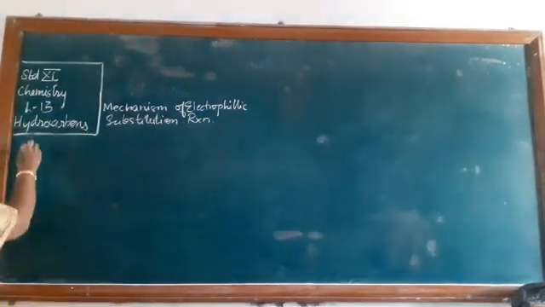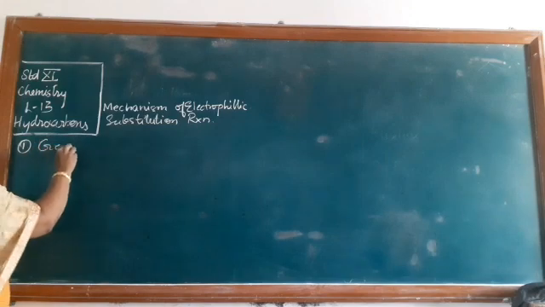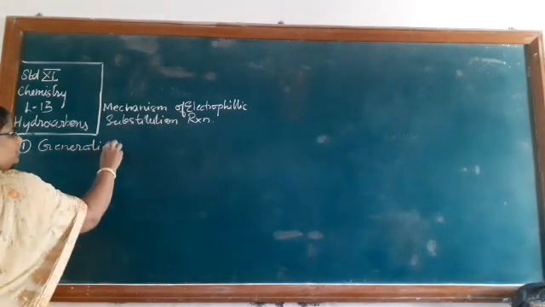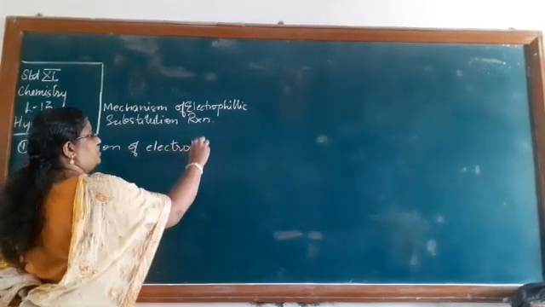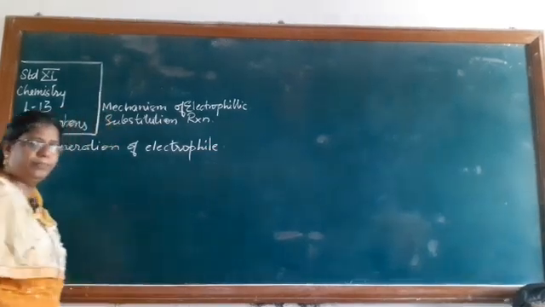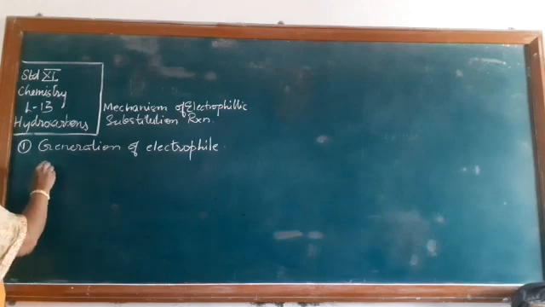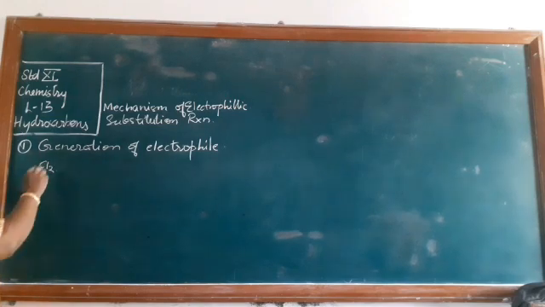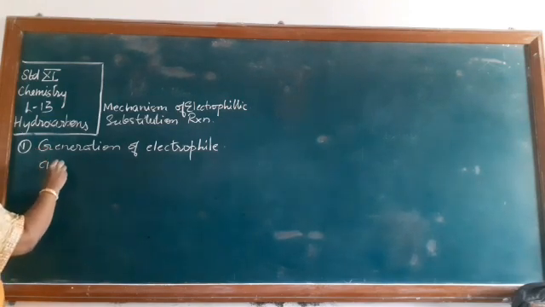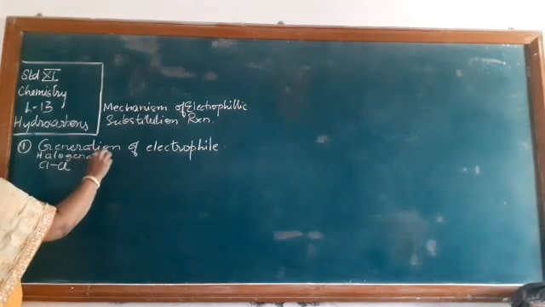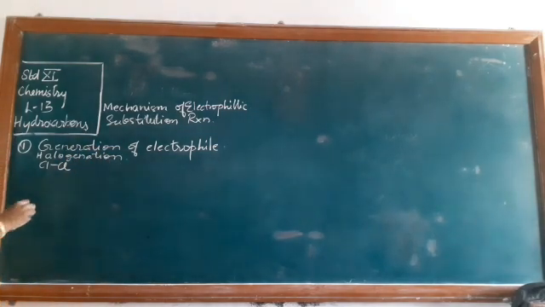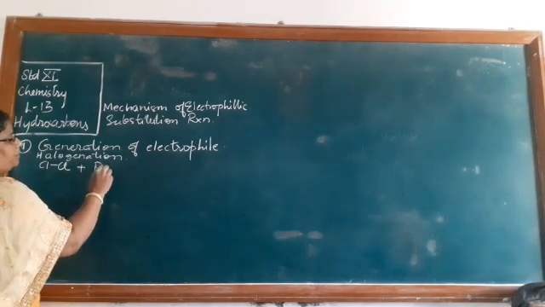The first step is generation of electrophile. Okay, let's give an example. What is this generation of electrophile? Suppose we are talking about halogenation. So Cl2, we are discussing generation of electrophile for halogenation.